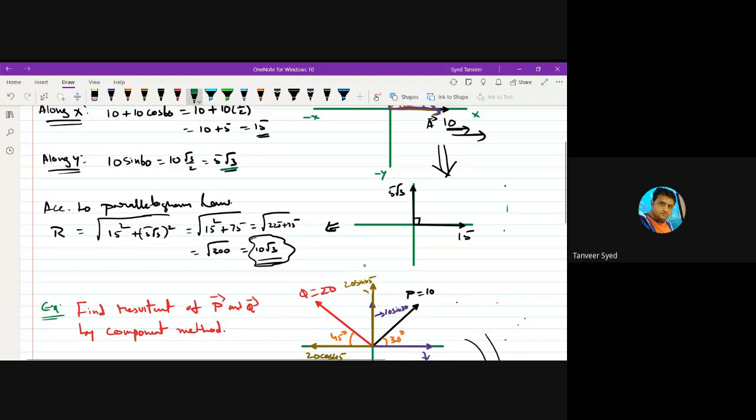Yes, sir. 5 root 3 and 15, I can frame a vector like this: resultant vector is 15i plus 5 root 3j. Okay, sir. But my doubt is, is there any special name for this process? Component method, that's all. Okay, sir.